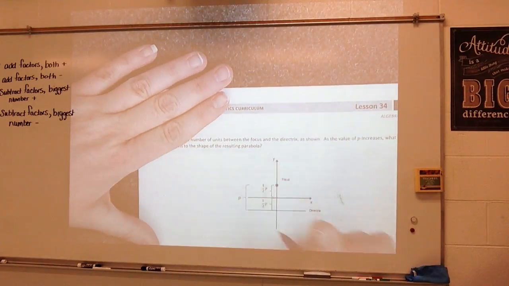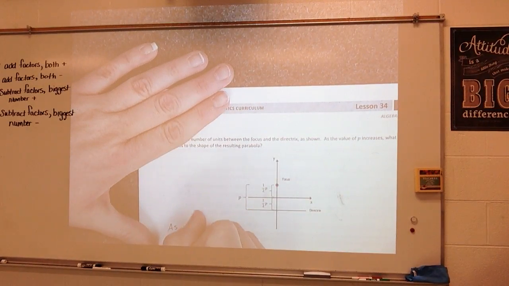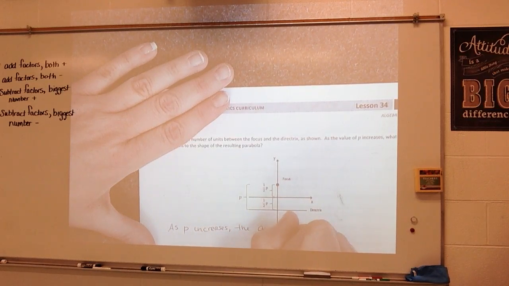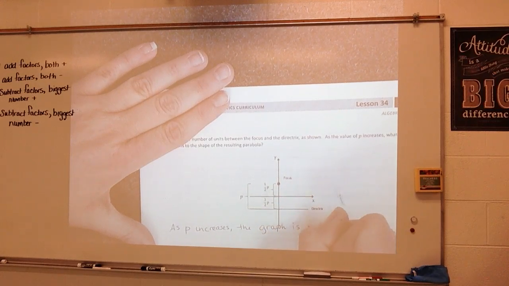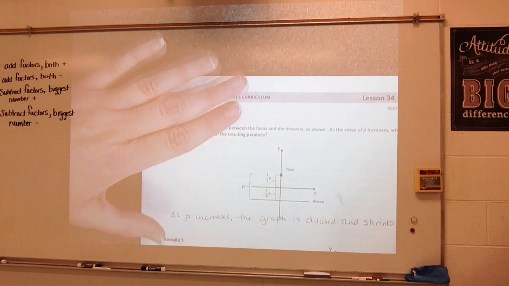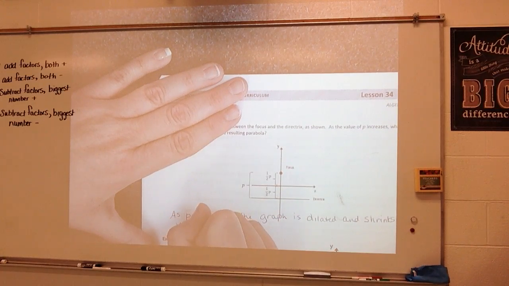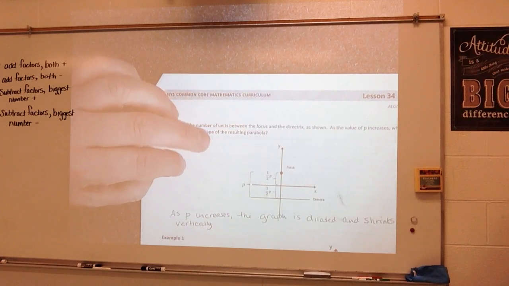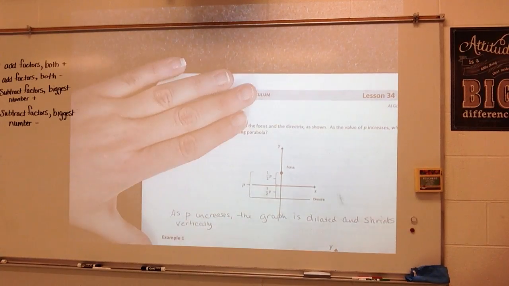So as p increases, the graph is dilated and it shrinks vertically compared to the graph with a smaller value of p.